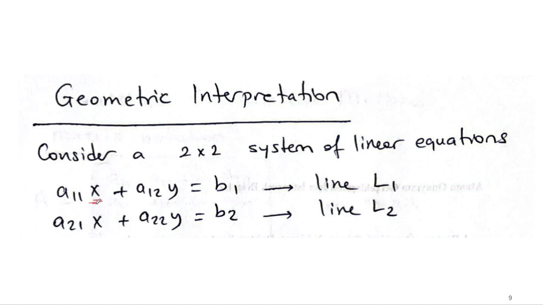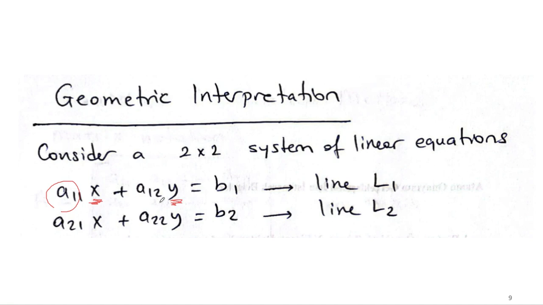Our unknowns are x and y, and these are the coefficients a11, a12, etc. Each equation here represents a line, because we have linear equations, in the Cartesian 2 by 2 space.